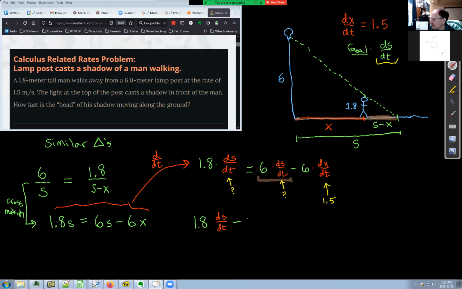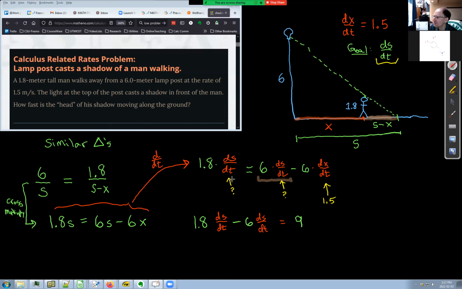So I'm subtracting this from both sides. So it's ds/dt, and then the other side should just be a number. 6 times 1.5, that's 9. So I just have a nice easy 9 on that side.